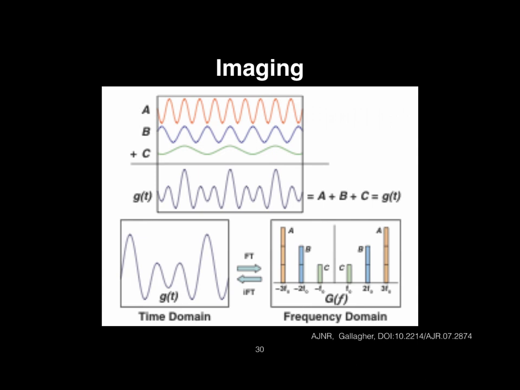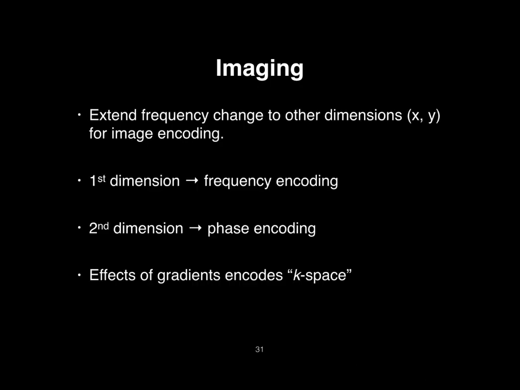If you have enough of these at high enough frequencies, i.e. varying very quickly, you can represent almost anything with essentially a combination of these waveforms. Okay, and it turns out that's kind of what we're doing with our gradients and the imaging process in MR.